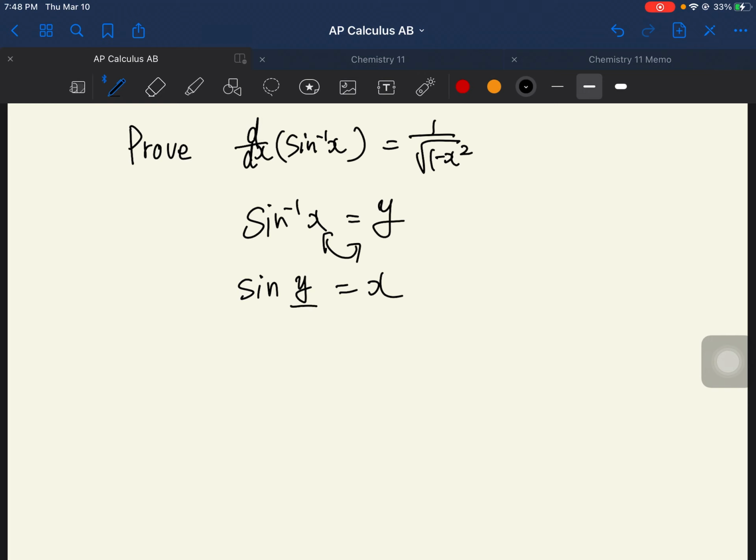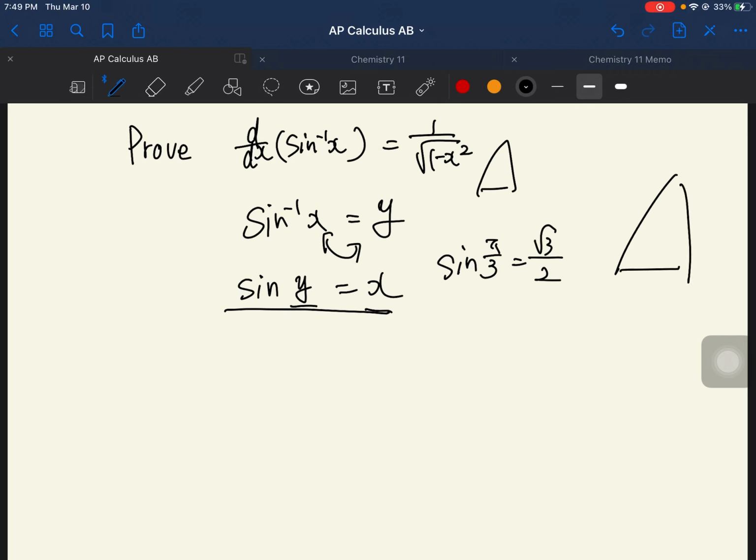And for this, do you know what this means? For example, if y is pi over 3, the x value is going to be square root of 3 over 2. So sine y equals x means you can draw the triangle like this.